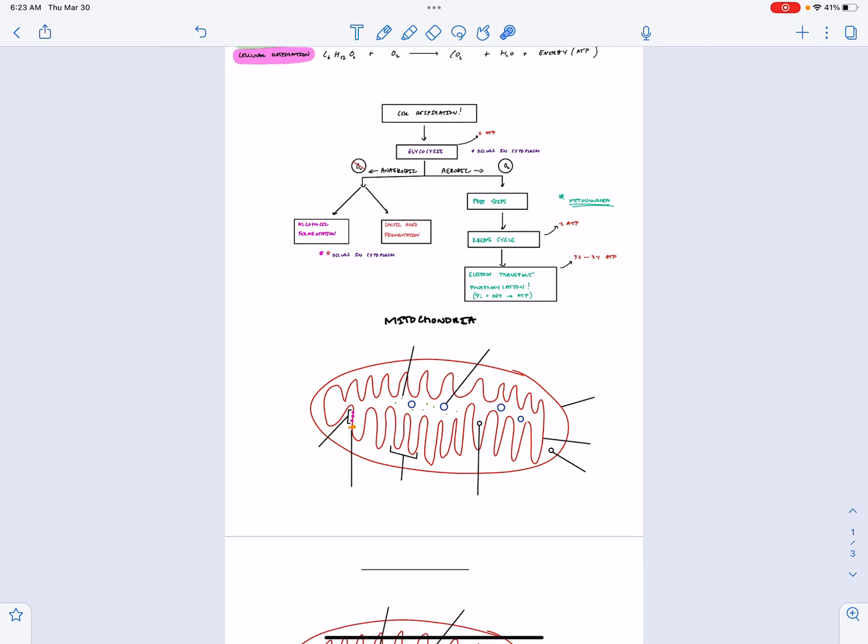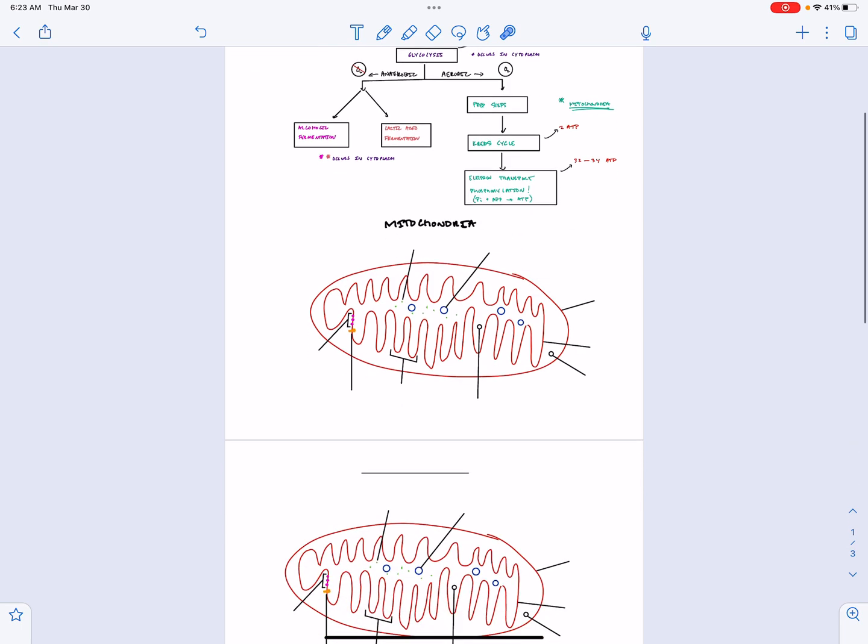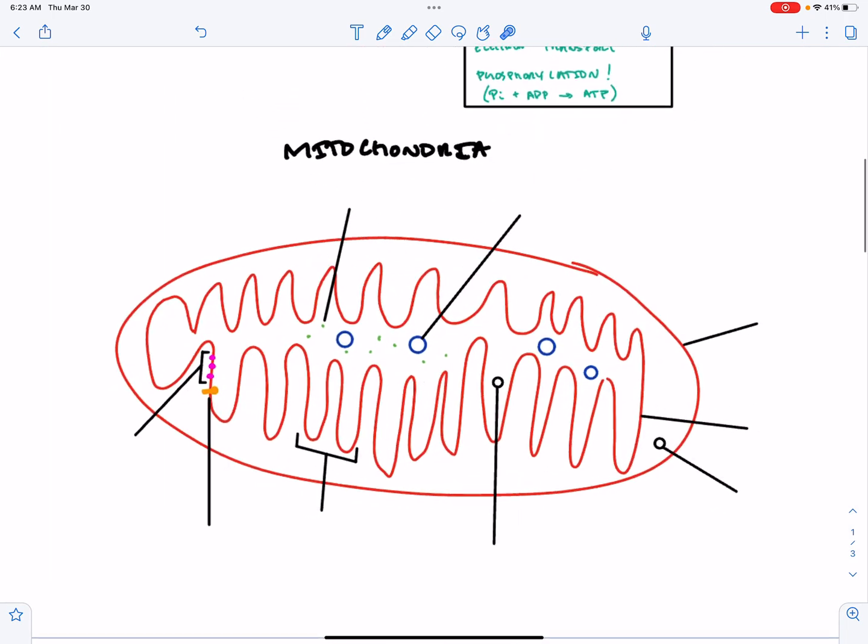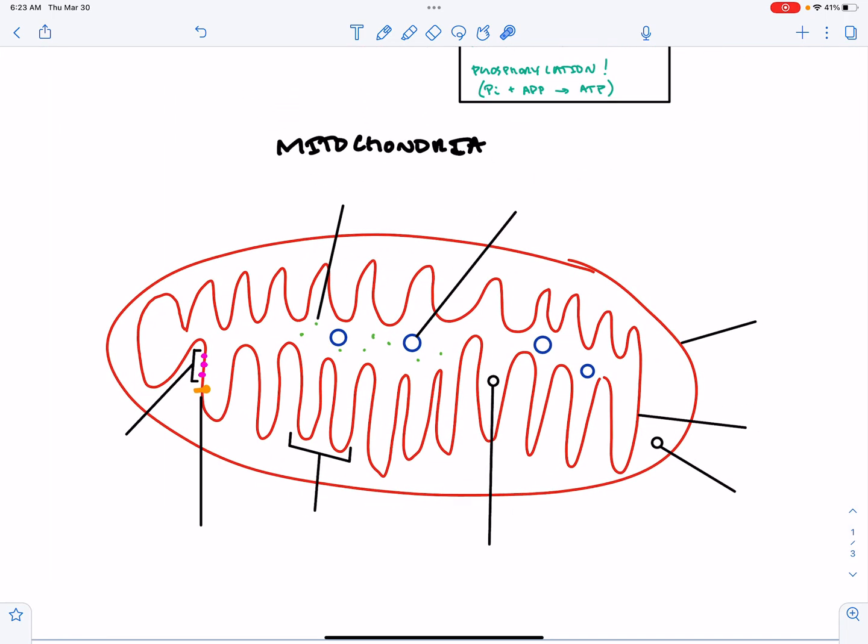Okay, so last up, we're going to talk about the structure of the mitochondria, because this is where an important amount of the reactions in cellular respiration take place.